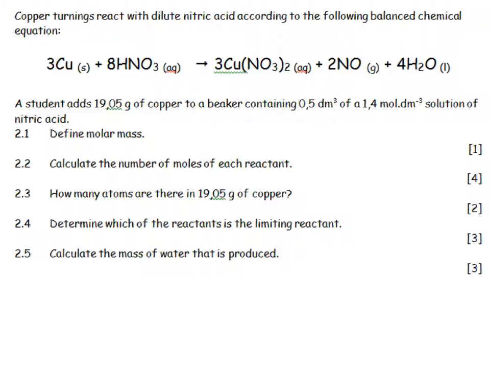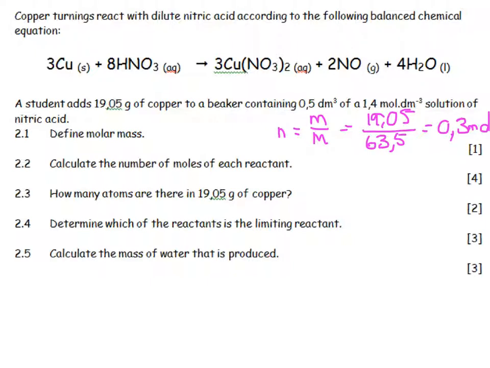So the first one, the copper: number of moles is equal to mass over molar mass. They've given me a mass of 19,05 grams. The molar mass of copper is 63,5 grams, so it's 0,3 moles.